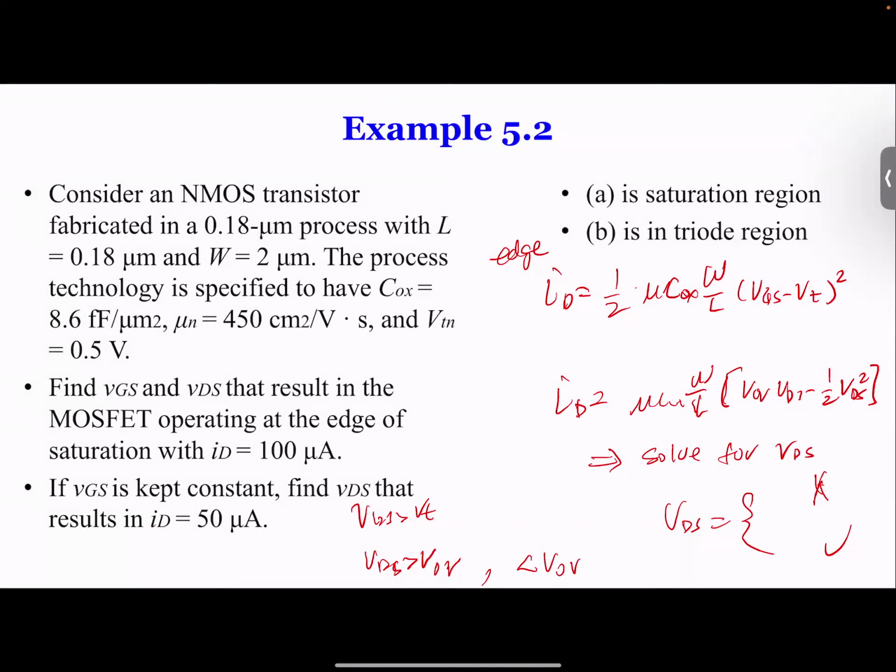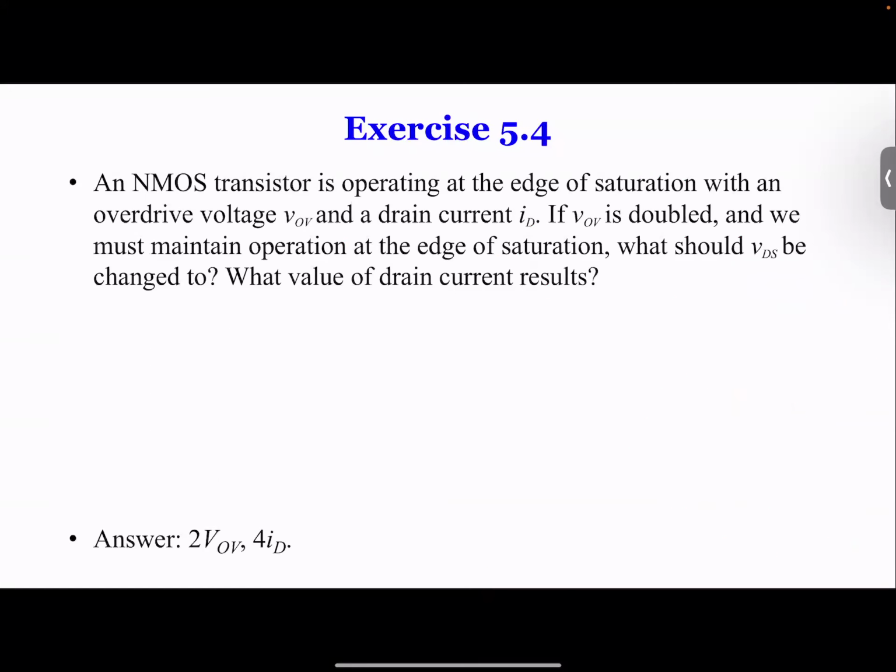If VDS is larger than VOV, it goes to saturation, which means the equation that we use here is not right. So VDS has to be less than VOV in order to be in the triode region. Those are the things you can go back to and use to verify those two solutions. Okay, so that's important. Sometimes students get confused with the solutions.